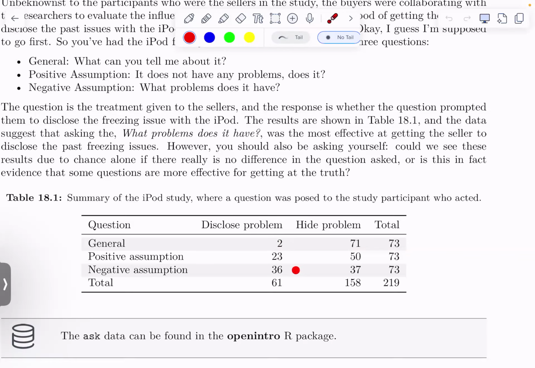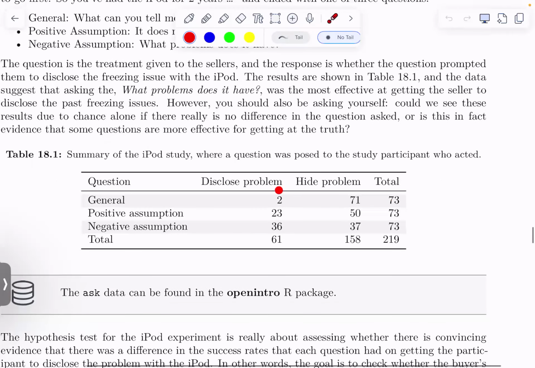Then everyone just spilled the beans, I guess. 36 out of 73. We can convert each of these to proportions if you want. 2 out of 73, 23 out of 73, or as a proportion of who disclosed the problem, 2 out of 61. Lots of different proportions we could find.